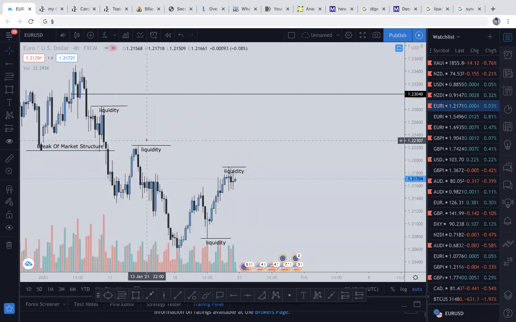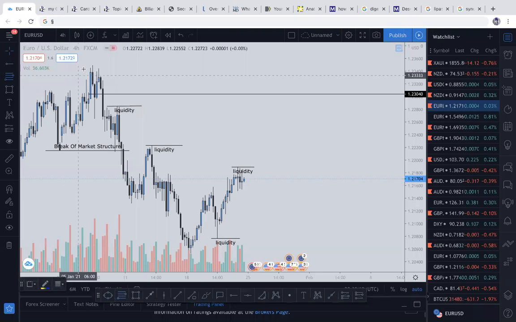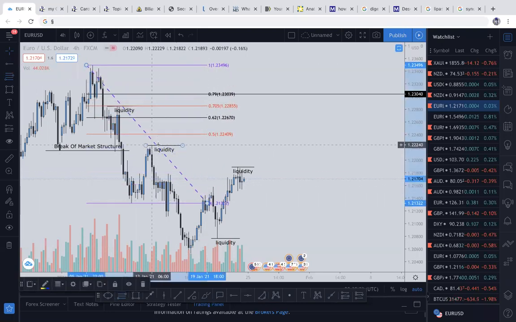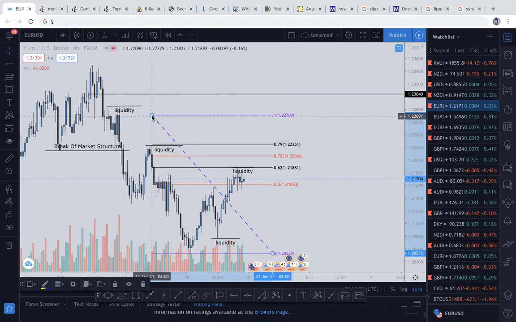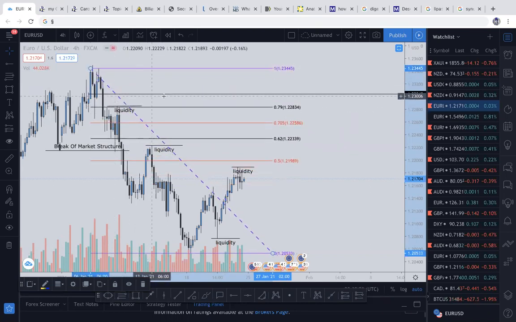So now we have the picture that we have broken the market structure to the downside. And now if we pull our fib from here to here, we have less than 50%. So now we can pull our fib from there to here, and we want the 79% area.